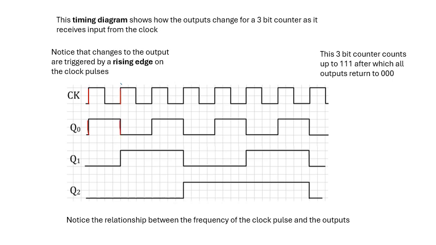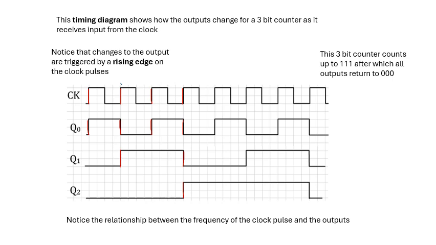There's the next rising edge and Q0 switches, and the next. So things happen when the clock pulse is on a rising edge. Looking at Q1, that's where Q1 switches, and that's where Q1 switches. Looking at Q2, that's where it switches. This 3-bit counter will count up to 111, and after that it goes back to 000.